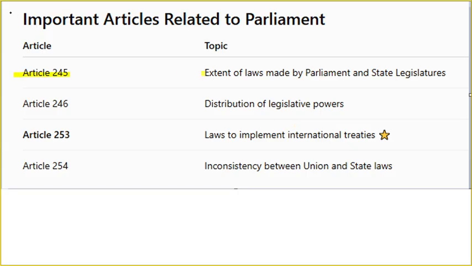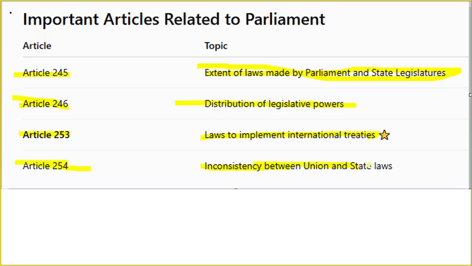Article 245: Extent of laws made by Parliament and state legislatures. What does Article 246 say? Distribution of legislative powers. What does Article 253 say? Laws to implement international treaties. What does Article 254 say?